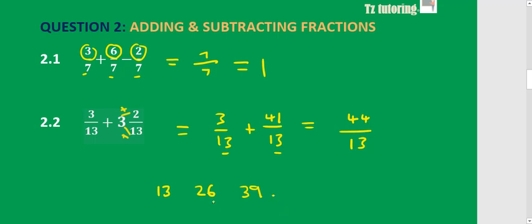So we stop at 39. So 13 can go into 44 3 times. And from 39 to 44, the remainder is 5, again over that 13. That is the solution.